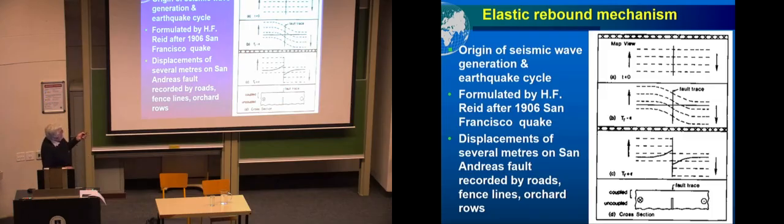This guy, Harry Fielding Reid, observed the displacement of roads, fence lines, and orchards by several meters after the 1906 earthquake. And this is the diagram showing the original undisturbed markers across the fault in the middle.